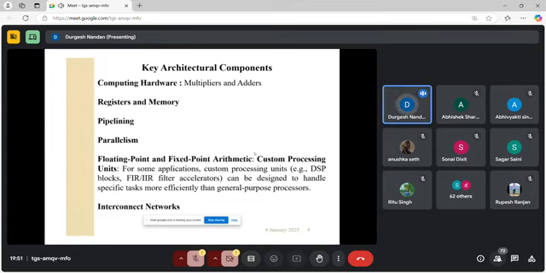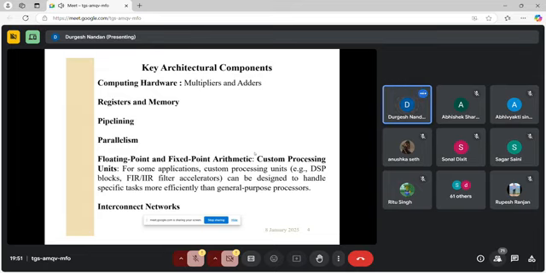Now, what are the key architectural components for designing any VLSI architecture for signal processing? The first one is computing hardware, which includes major components like multipliers and adders. Then another key component is registers and memory.